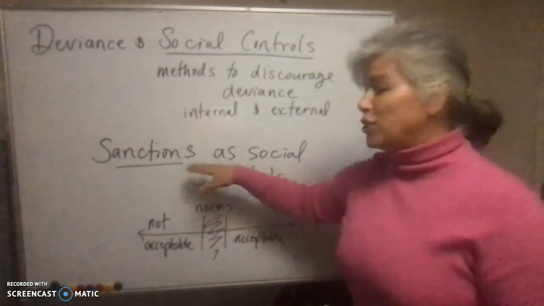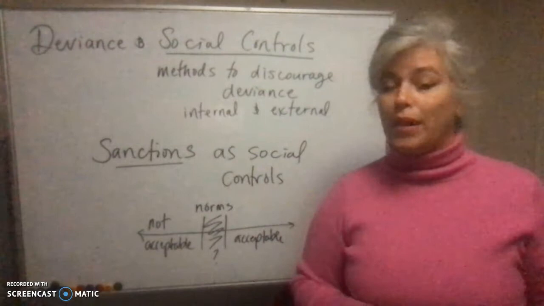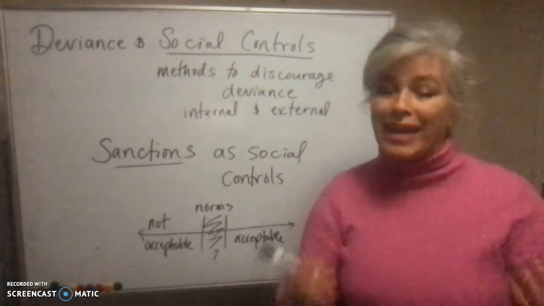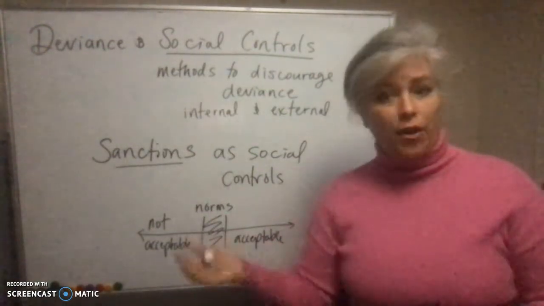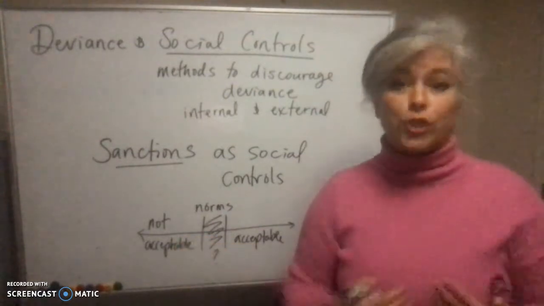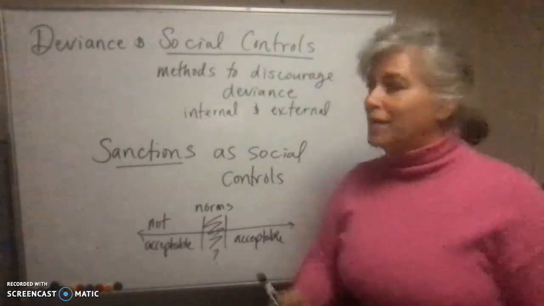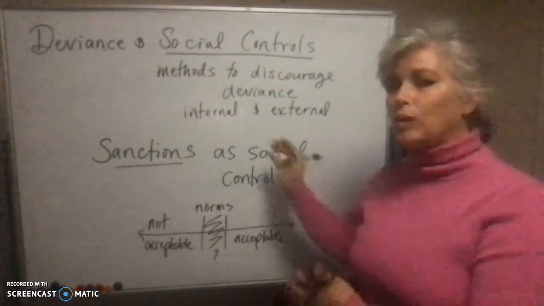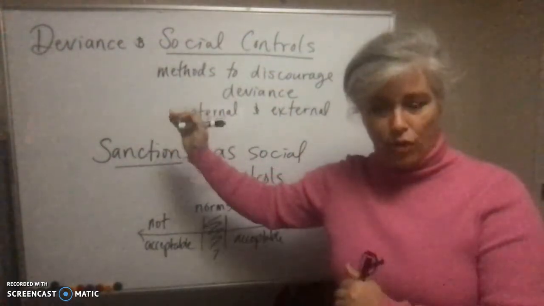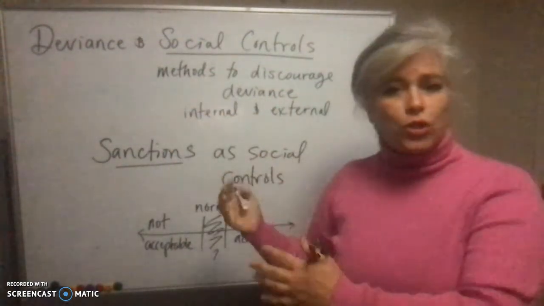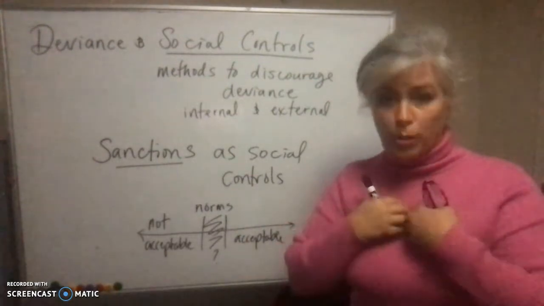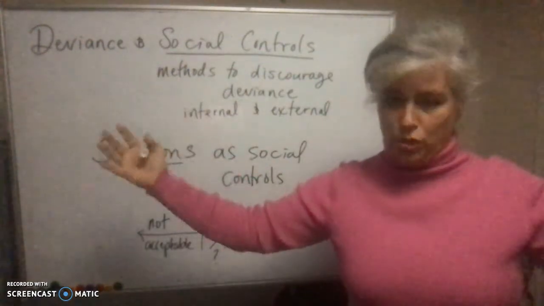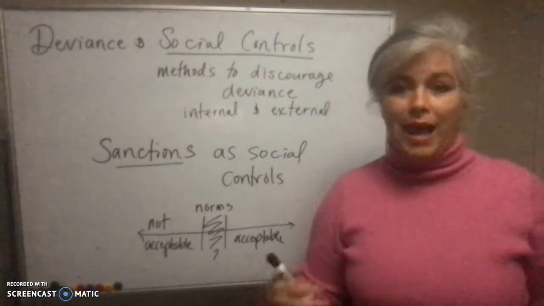And so sanctions can be formal like that, but it can also be a punishment that on an informal basis a parent gives to a child during their socialization process. And so when we talk about social controls and deviant behavior, we talk about social control being internal to the person, but also external to the person in society at large.